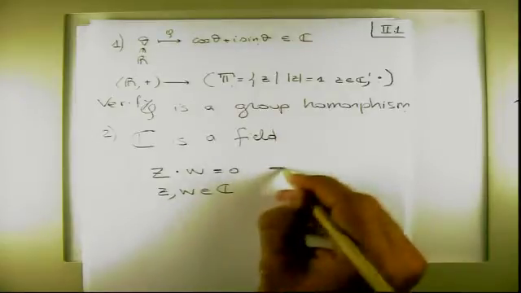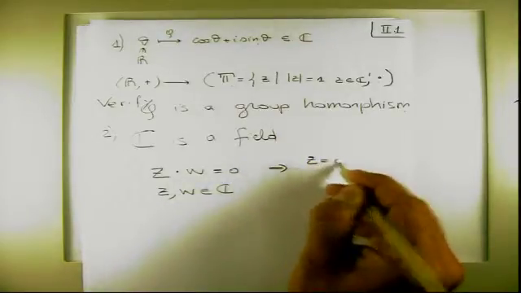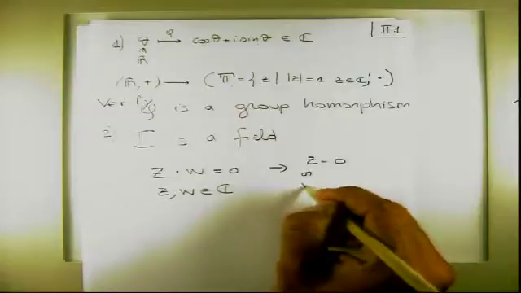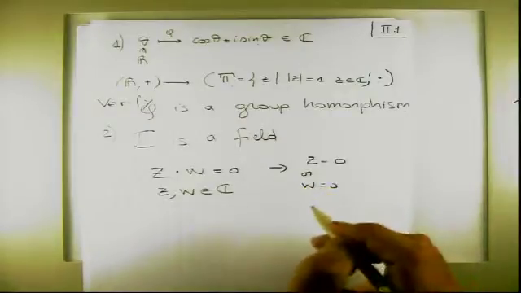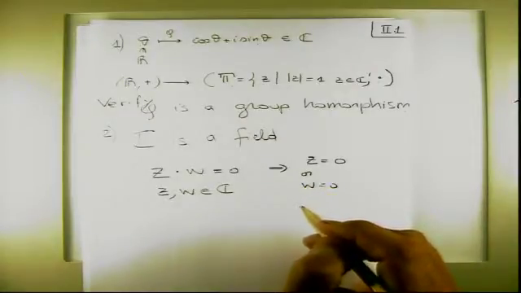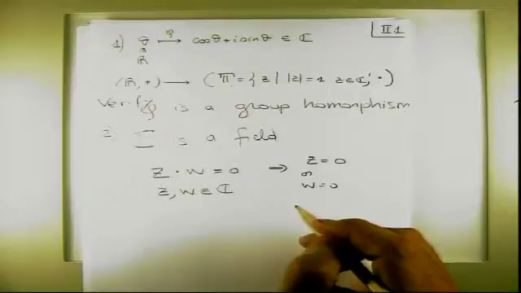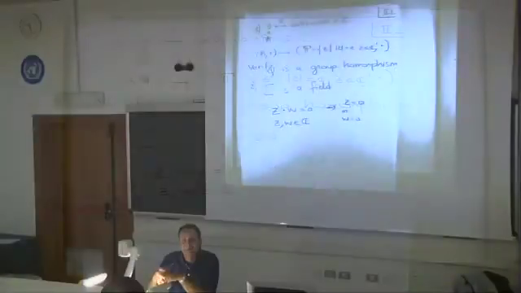This implies that either z is 0 or w is 0. So there are no zero divisors in C. Please do it without using abstract algebra, but by making the calculation, just to get in touch with the subject.